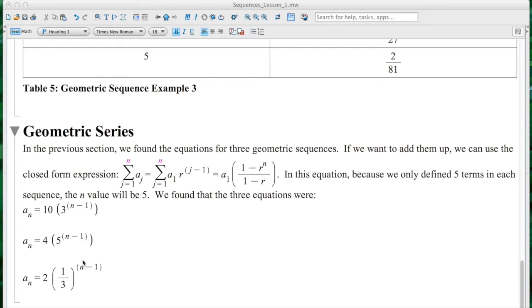For the last one, I want you to compute the sum for 5 terms and then compute the sum for 100 terms. I think that you will find it interesting as to what's happening with the sum for the decreasing sequence.